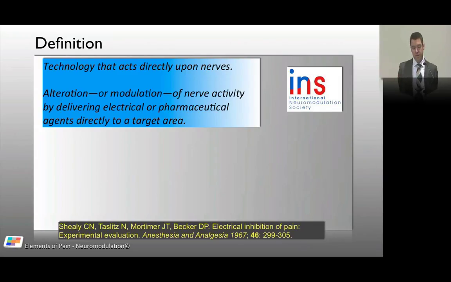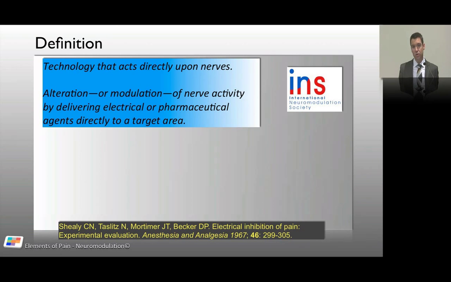But then it goes on to say that it's alteration or modulation of nerve activity by delivering electrical or pharmaceutical, and that's the key, or pharmaceutical agents directly to a target area. So that means electrical impulses in the stimulation, so neurostimulation, neuromodulation, or medication, pharmaceutical agents.